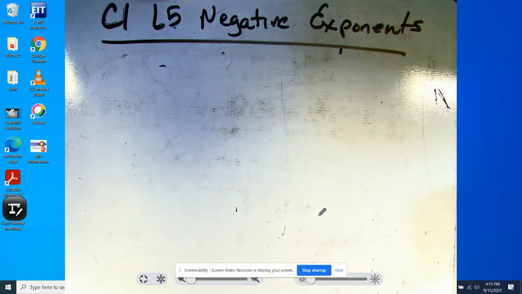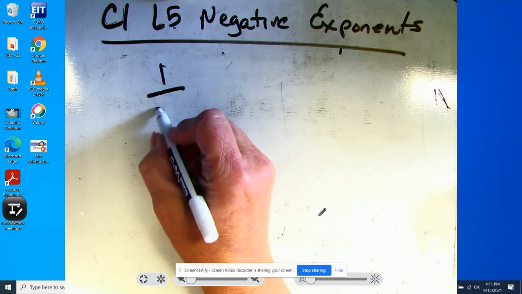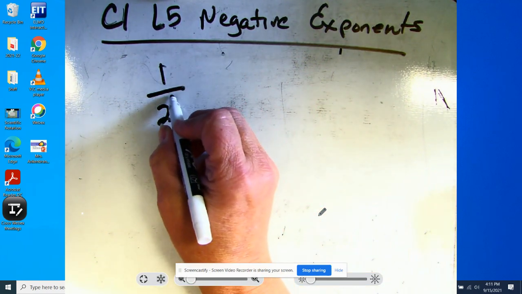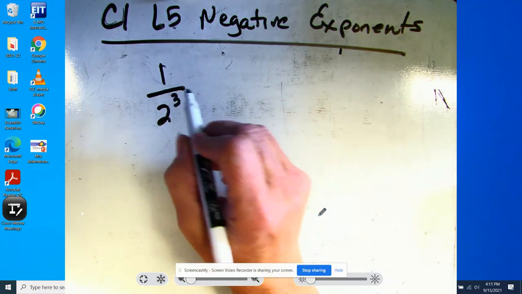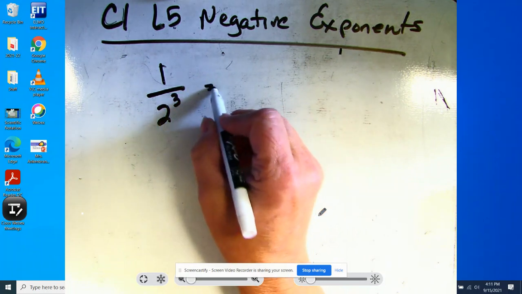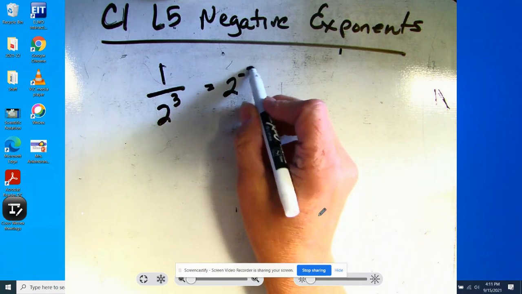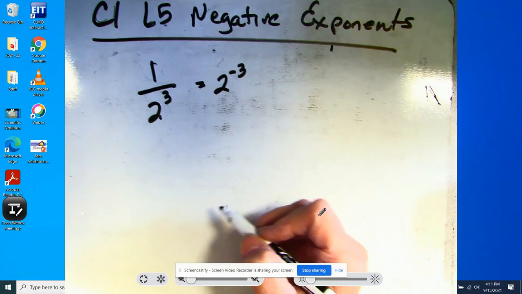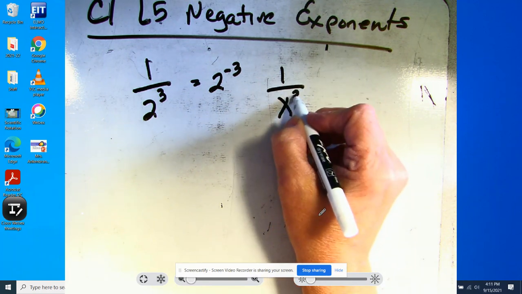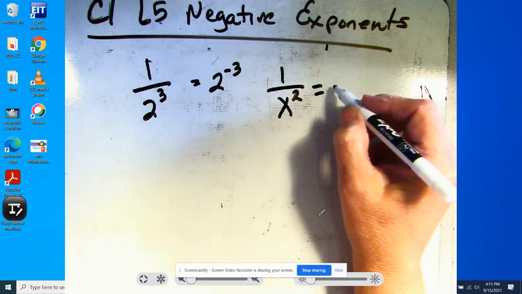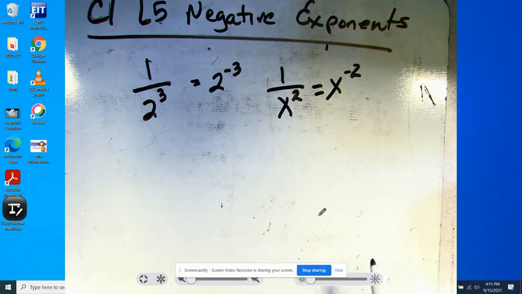If you are asked to write an exponent as a negative, and say you have 1 over 2 to the power of 3, and I want you to write it as a negative exponent, you're going to move it from the denominator to the numerator and change its sign. Okay?